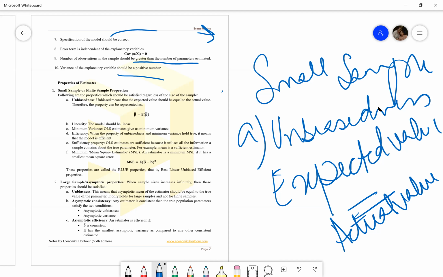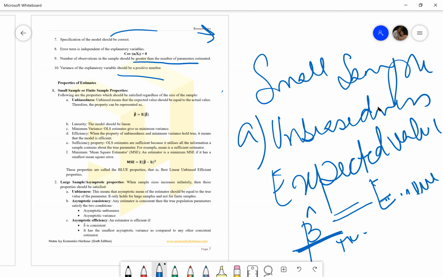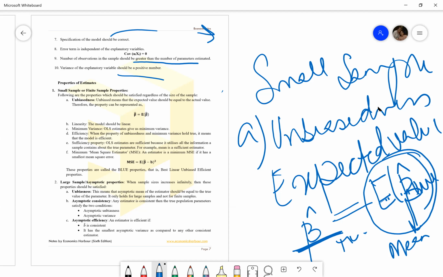So this is represented as your beta cap. Your actual value of your estimate, that is your beta cap, should be equal to the expected value of your estimate. In expected value, we take mean values.